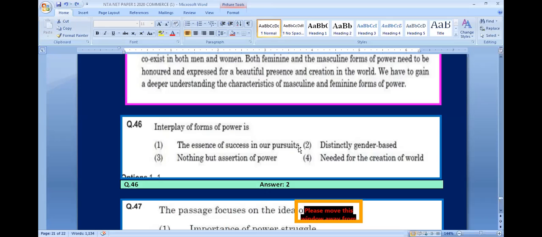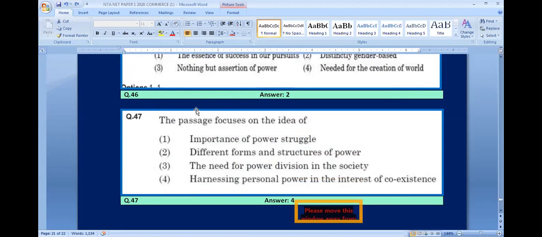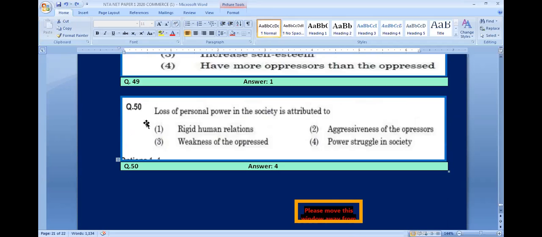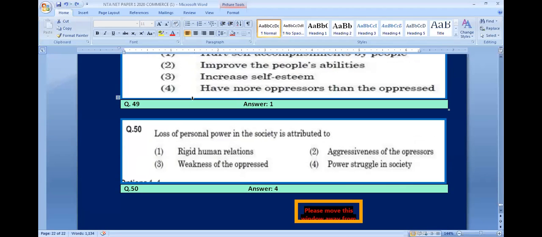Selective reading happens. Your brain starts searching for the answer to the particular question. That's it. You are not going to read everything. Without reading the question, if you read the passage, it is useless. Try to understand: this question is a little tough. 47 and 50 are difficult to answer because the answer is not directly given. It is your understanding.